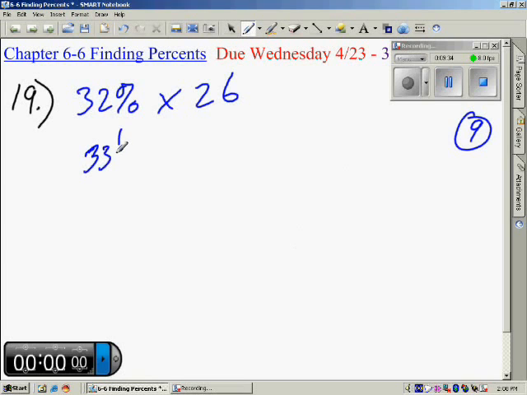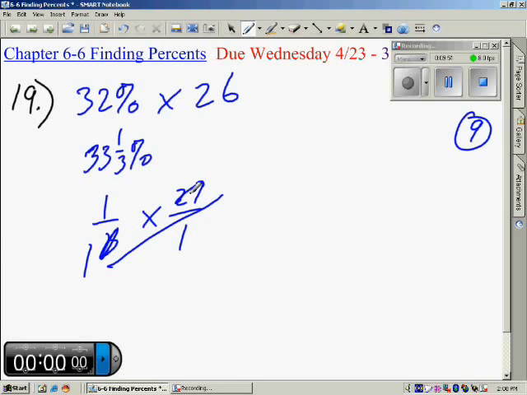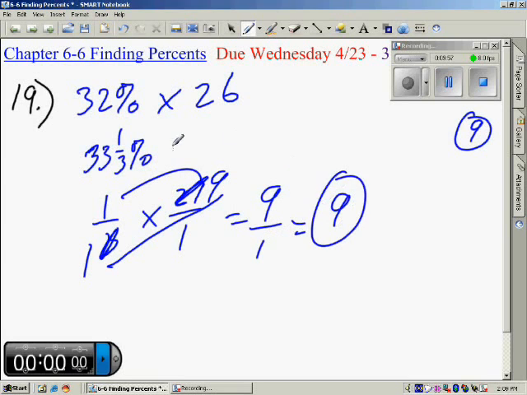So they chose 33 1/3%, and that's 1/3 of. They chose to round 26 to 27 because they think that if you simplify here, it's a lot easier. 3 divided by 3 is 1, and 27 divided by 3 is 9. So 1 times 9 equals 9, and 1 times 1 equals 1. Now look, either way, you get 9.